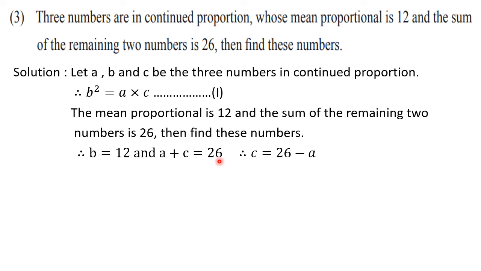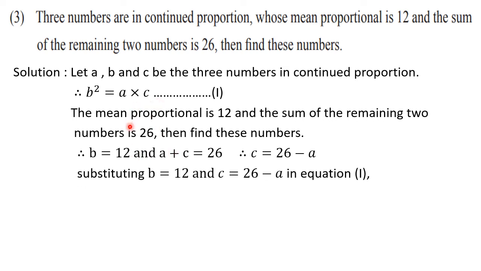Okay. Now see, these values, that means B is equal to 12, we will put here in the left hand side of equation 1, and the value of C, that is 26 minus A, that also we will put here. Okay. So when we substitute this here, then we will get the equation like this.